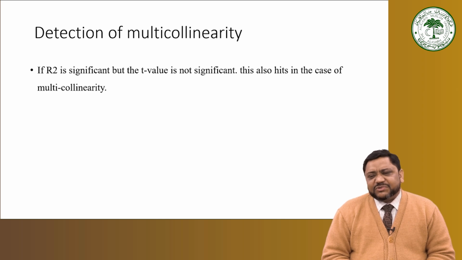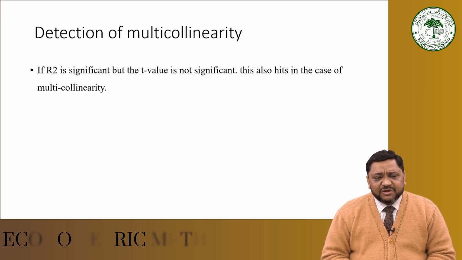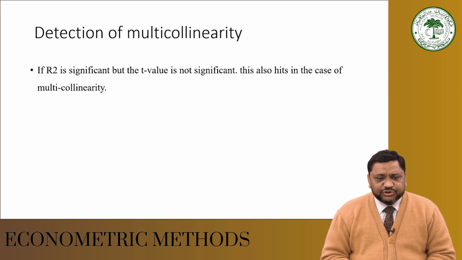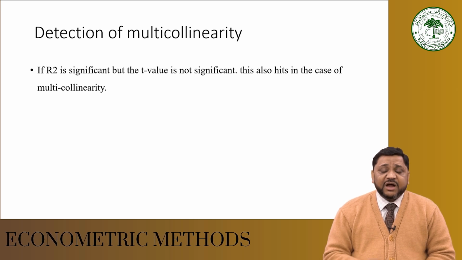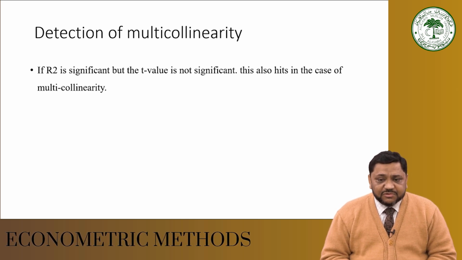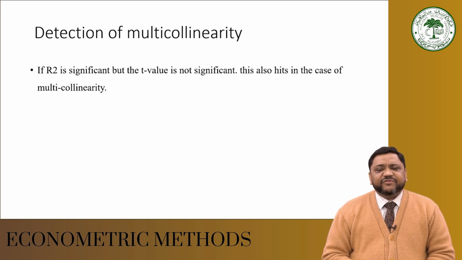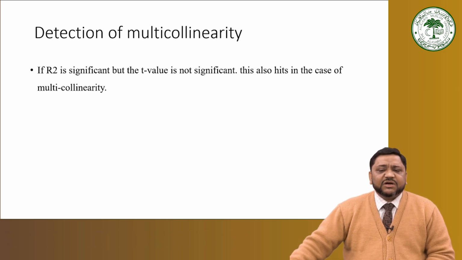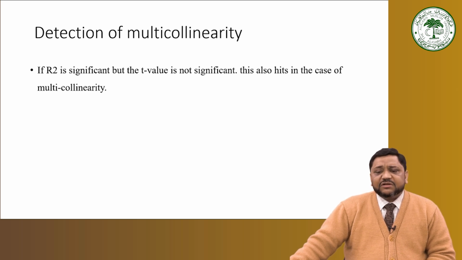A classic symptom of multicollinearity. The R square is high, say between 0.8 or 0.9, as in the question on multiple regression which we had solved. We find that the R square was 0.99. Then the F test will show that it is significant, rejecting the null hypothesis that the partial slope coefficients are simultaneously equal to 0. The F test will show that the R square is significant.